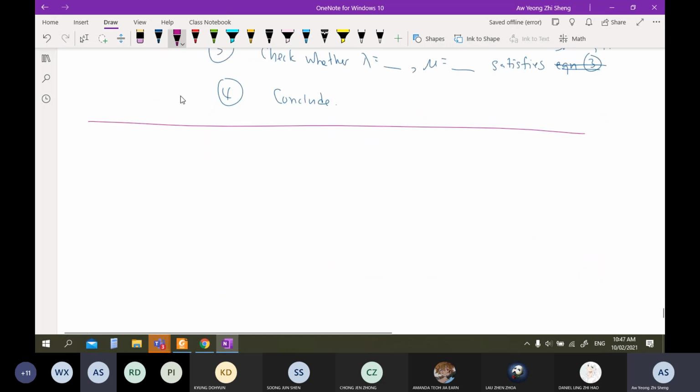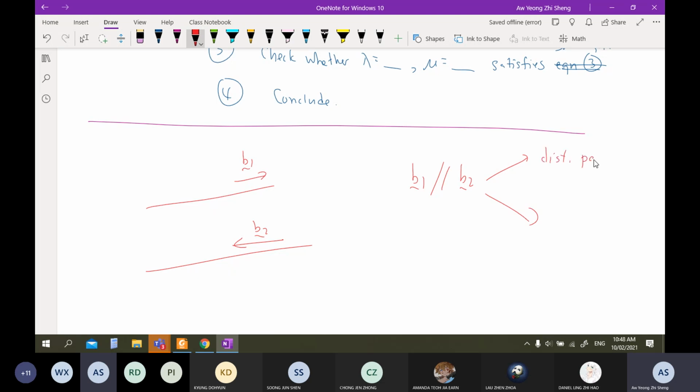Then we also learn about parallel lines. If the direction vectors are parallel, with B1 this way and B2 the other way, so B1 is parallel to B2, then there are two possibilities: they can be distinct parallel lines or coincident lines. If you want to rule out the possibility of them being coincident, in example 11 we learned two methods.